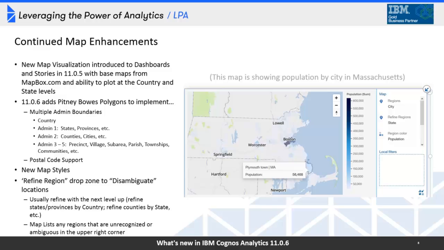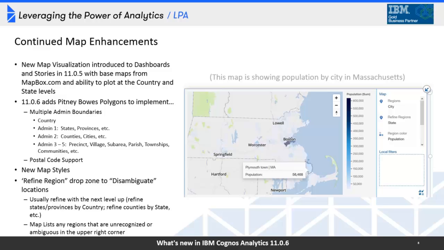Now, some cities, let's take Rochester, where I live. There's a Rochester, New York. There's a Rochester, Minnesota. So the city Rochester is ambiguous. So if I just drop Rochester in and say map it, the map is not going to know which Rochester to map. So there's this new drop zone that's also part of this release called the Refine Regions drop zone. And I learned a new word from my IBM colleagues: disambiguate.